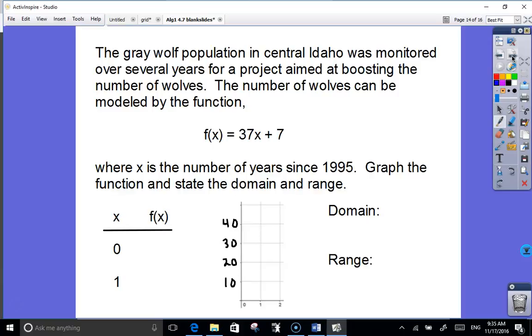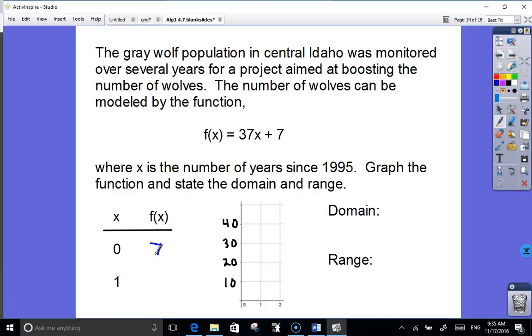Okay, so let's see. If x is the number of years since 1995, then what year is represented by x equals 0? 1995. That's the beginning of this thing, right? And so if I plug in x equals 0, what's the value of f of x? 7.